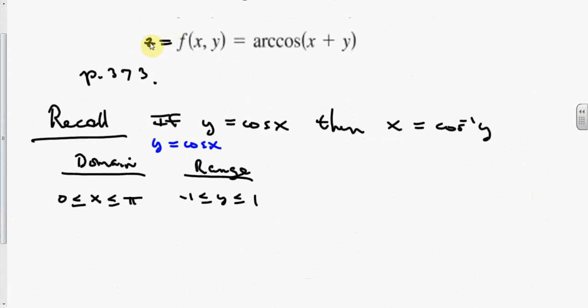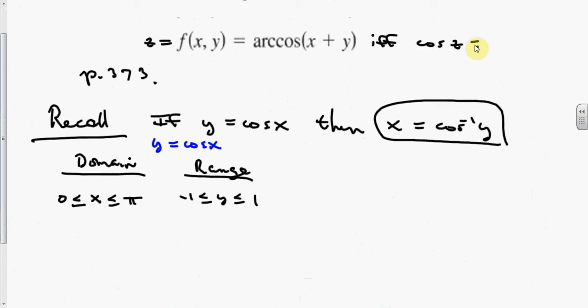So z then acts like y down here for y equal to cosine x. And this x acts like x plus y. Right? But you want to flip it because we're now dealing with this guy here, right? So you think about this as if and only if cosine z is equal to x plus y.